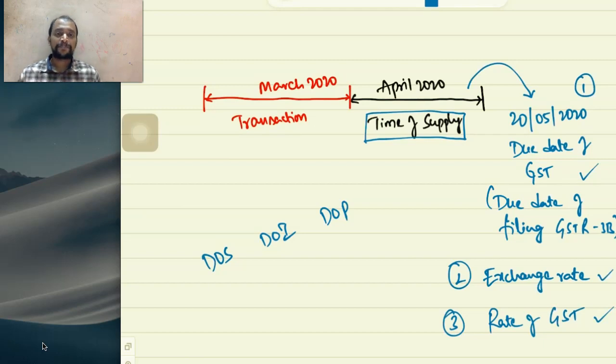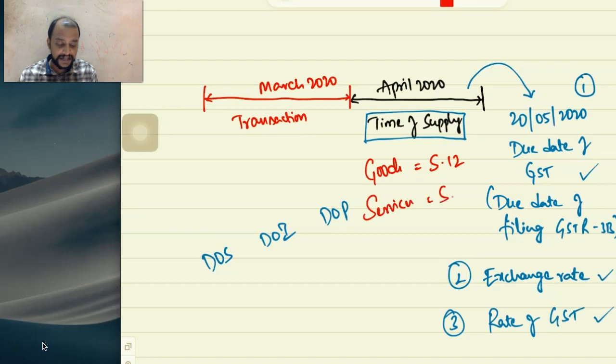Now, the time of supply provisions are given in section 12 in case of goods. Time of supply in case of services is given in section 13.